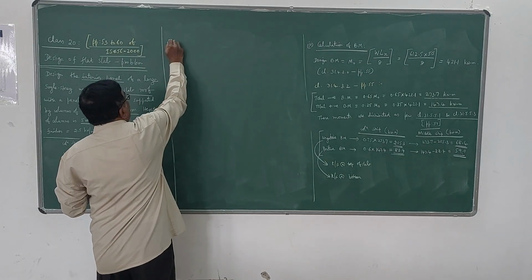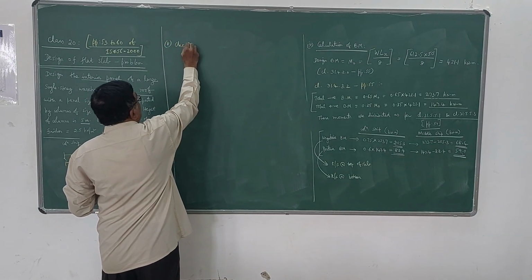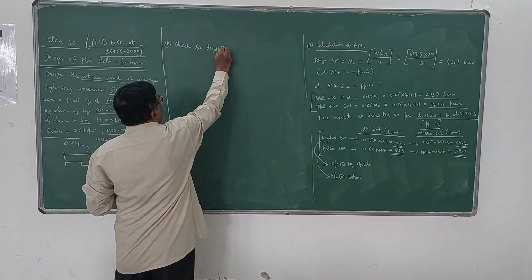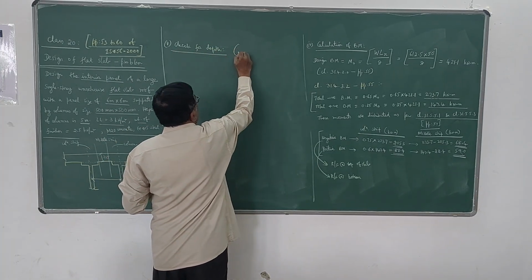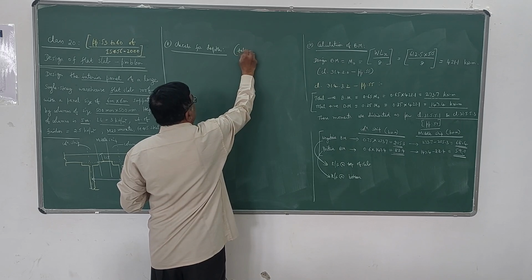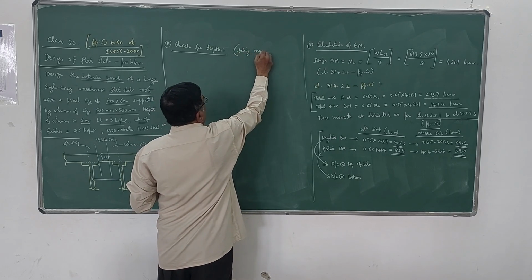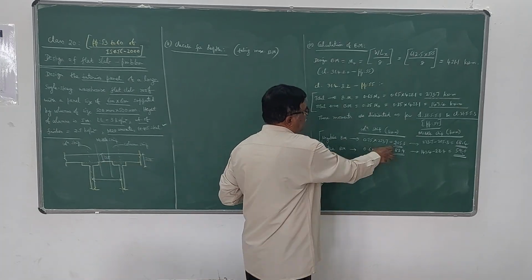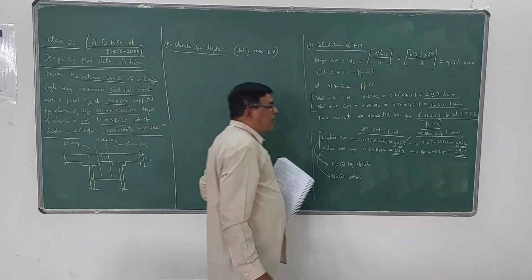So, step number 5, check for effective depth. This check is done taking the maximum bending moment among those 4, numerically maximum.